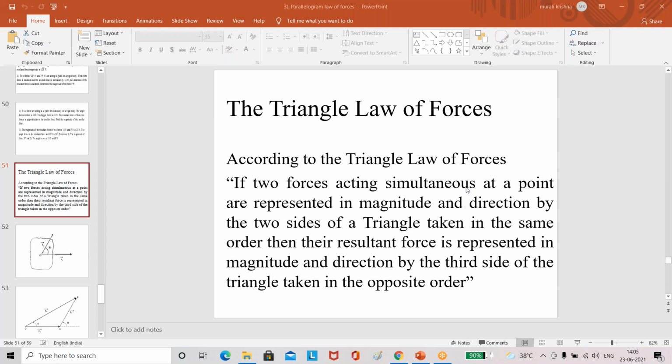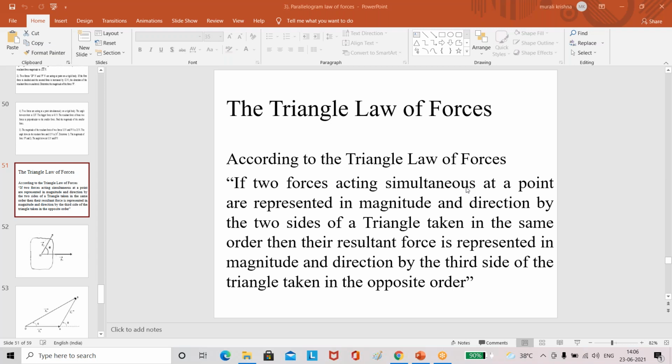If P bar and Q bar are the two vectors taken as the two sides of the triangle in the same order, then the third side of the triangle taken in the opposite order is the resultant vector R bar of the two vectors P bar and Q bar. So that is called the triangle law of vectors.